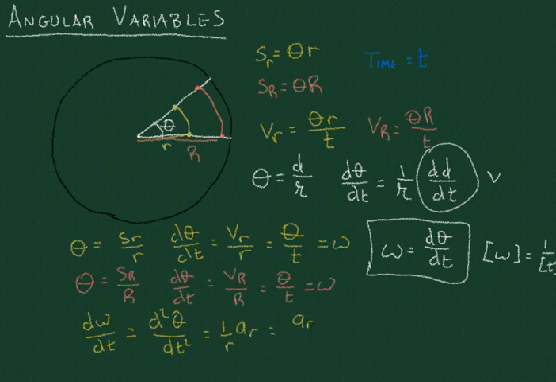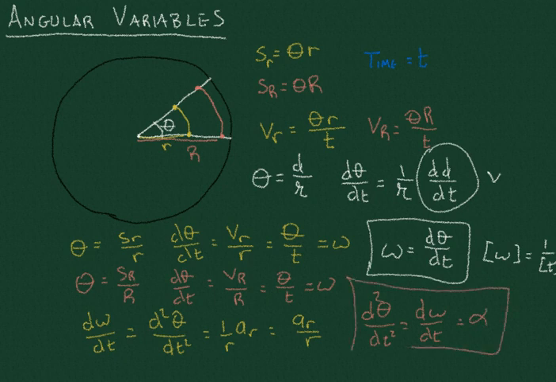In other words, that's a_r over r. And we see it would be the same for the other theta. So we define this quantity, d squared theta dt squared, which is d omega dt, as alpha. And alpha we call the angular acceleration.